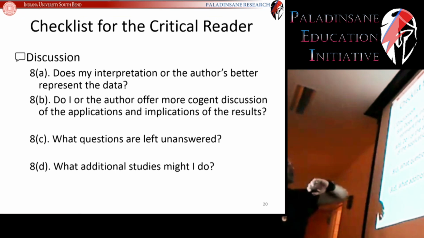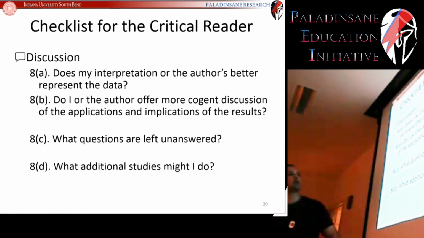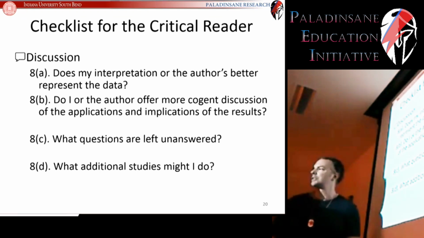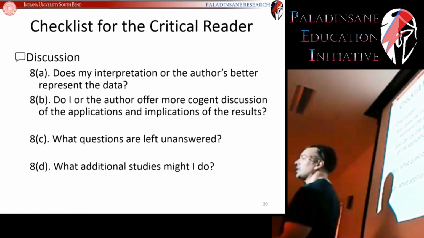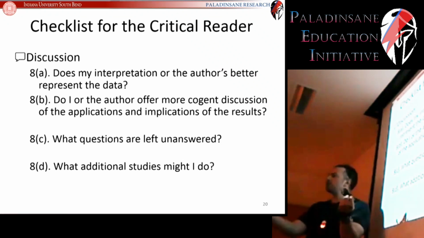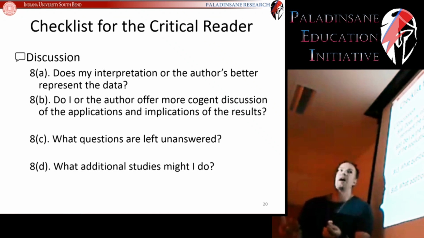So 8A, does my interpretation or the author's better represent the data? 8B, do I or the author offer a more cogent discussion of the applications and implications of the results? Sometimes an author will miss what their results really mean. Sometimes they'll miss how to apply the stuff that they found.